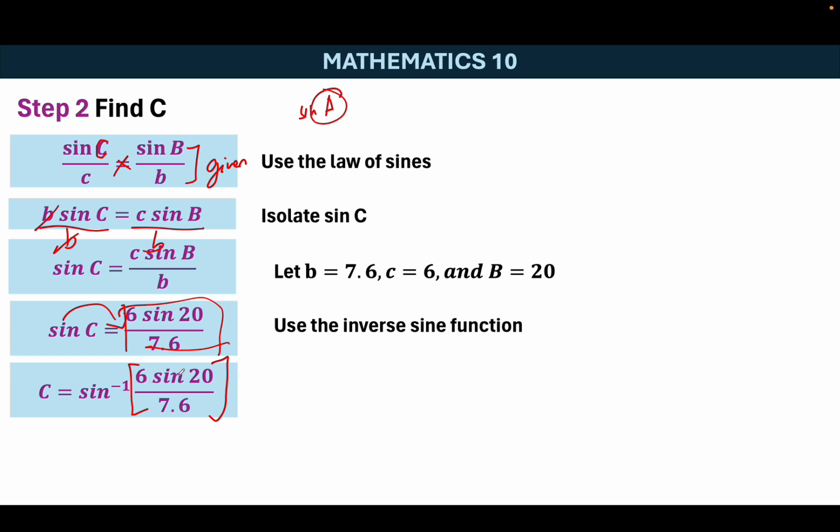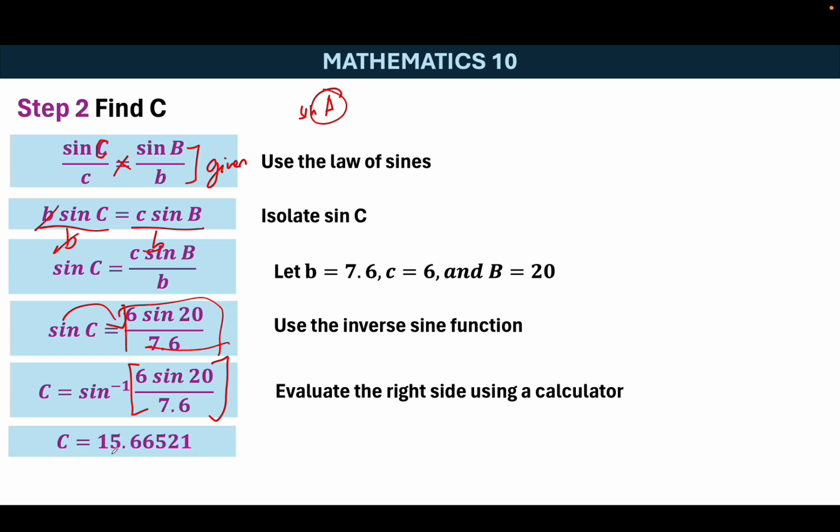So, that is 6 sine 20 over 7.6. Para, ang makuha natin is the exact value. Now, kapag in-evaluate natin yan, that will become 15.66521, or which can be rounded off as C is equal to 16. Okay, nire-round off natin to the whole number kapag degree ang pinag-uusapan.